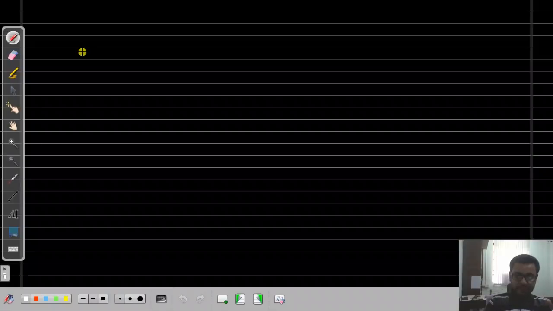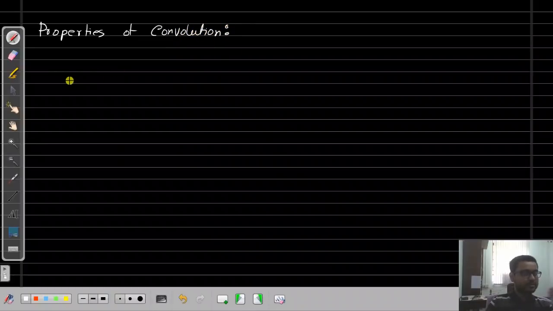Now today, the last thing that I shall do, I shall tell you two important properties about convolution. Two or three properties.